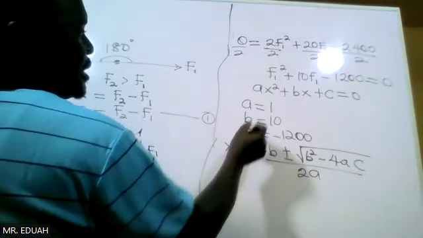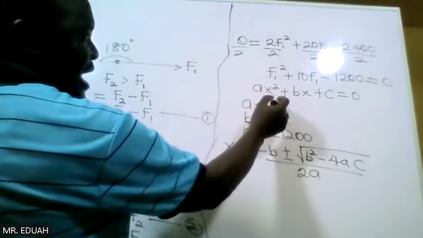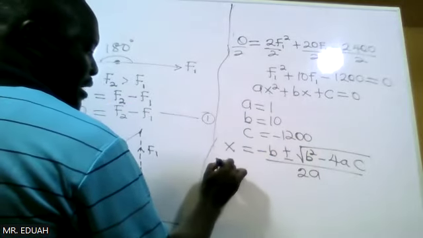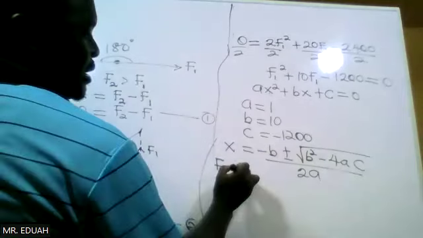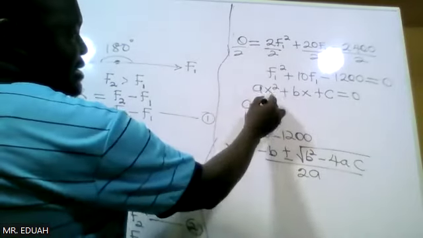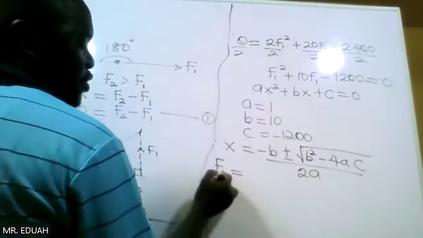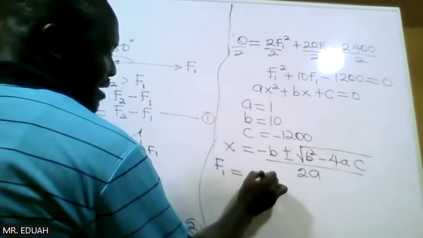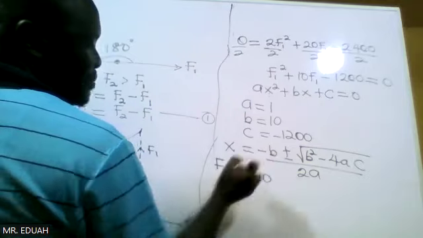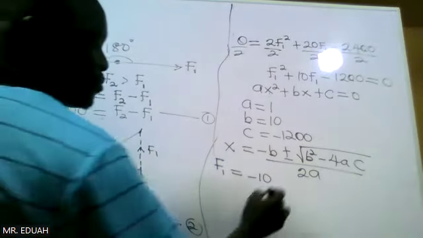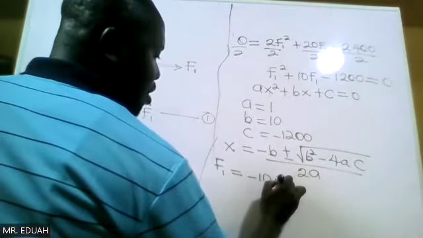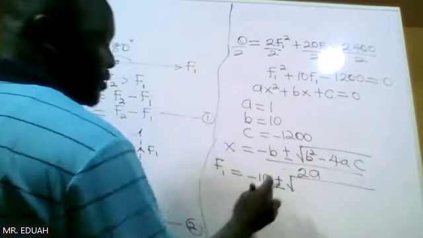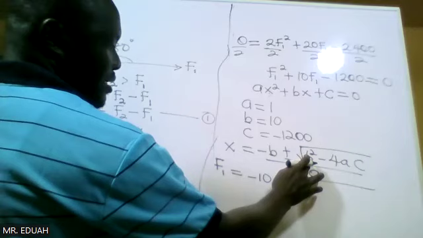All right, so here we don't have x, but our x is F1. So it means that F1 is equal to minus 10, because this is minus b, plus or minus the square root of b squared.